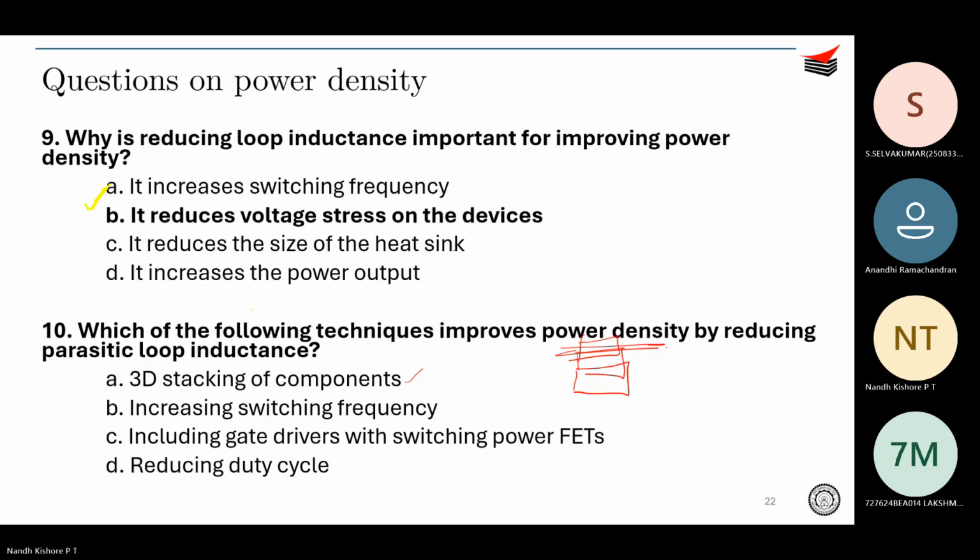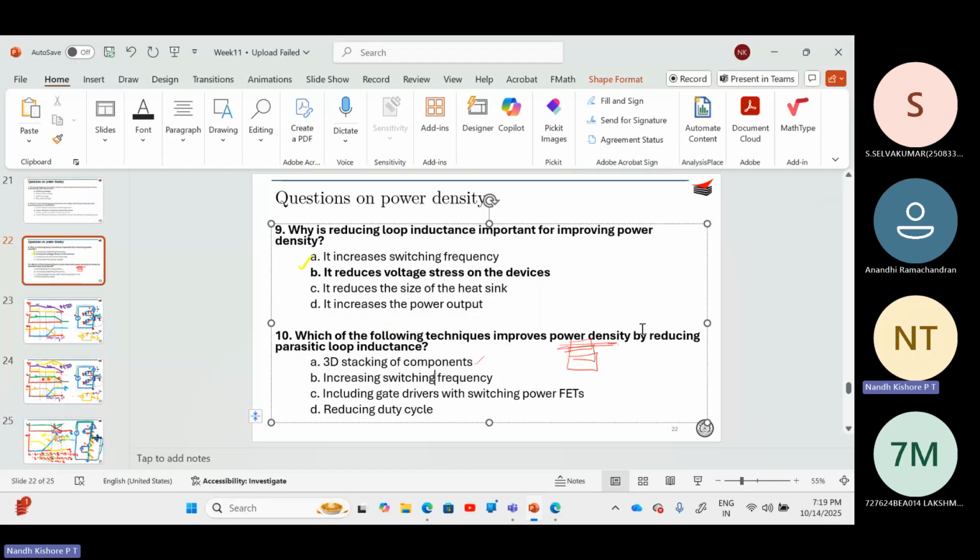So the answer is option C, that is, including gate drivers with switching power FETs. Generally, people will have a separate gate driver IC and a gate resistor, then put PCB traces to connect them with the device.